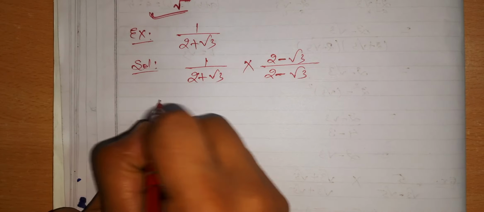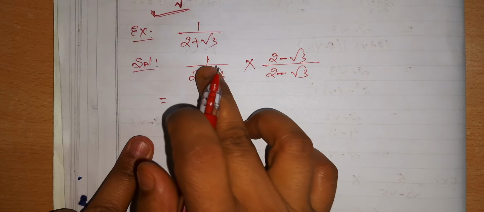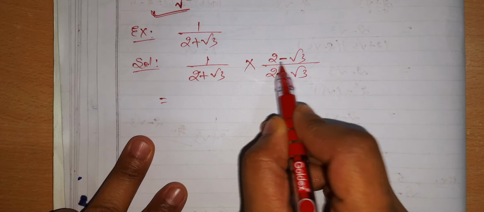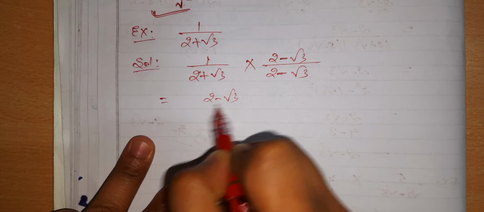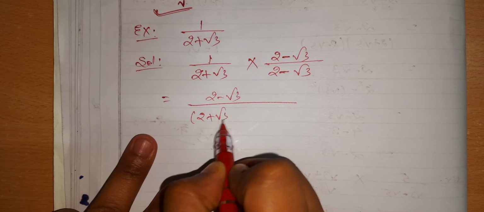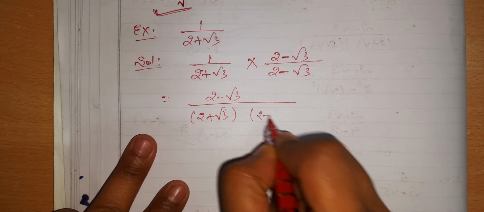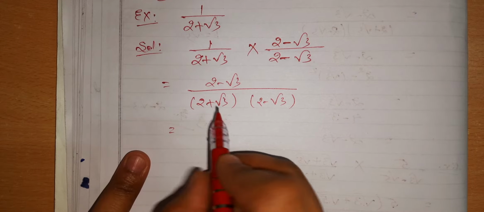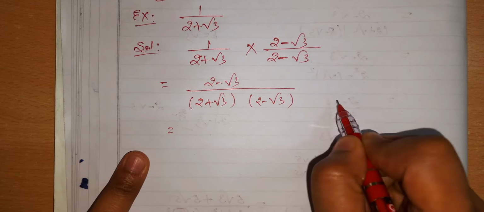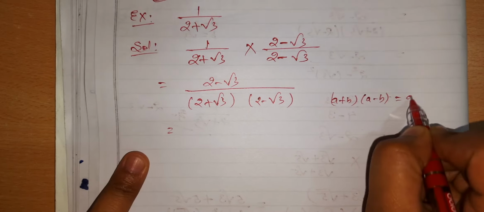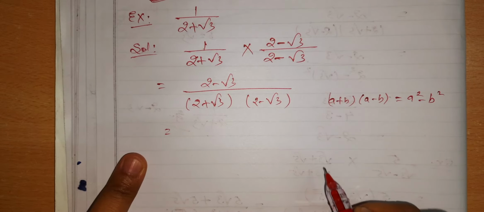Now we will simply multiply, numerator by numerator and denominator by denominator. So 1 multiplied by any number is that number itself, and in the denominator, 2 plus root 3 multiplied by 2 minus root 3. When you observe, you will find that here we can use the identity (a plus b)(a minus b), which is nothing but a square minus b square.